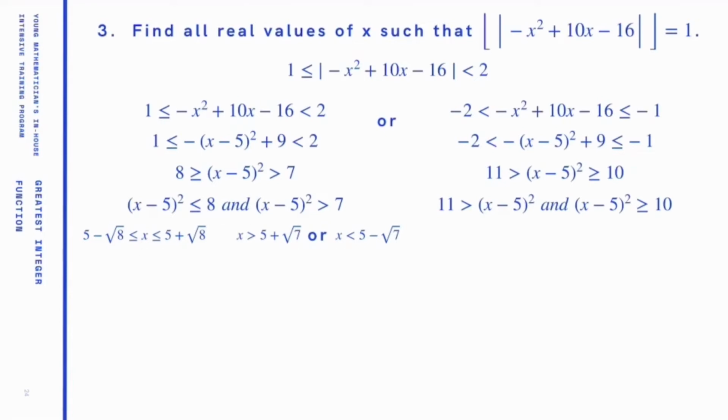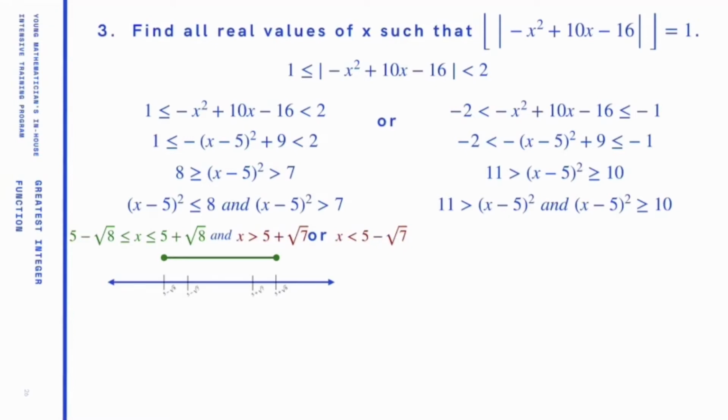X is between 5 minus square root of 8 and 5 plus square root of 8. In the real number line, we have this. Now, x is greater than 5 plus square root of 7, or x is less than 5 minus square root of 7, would look something like this.